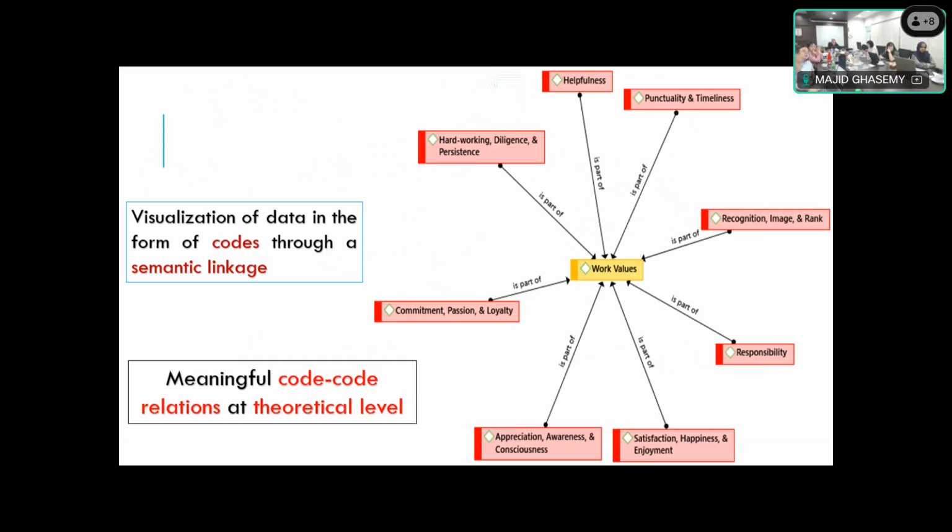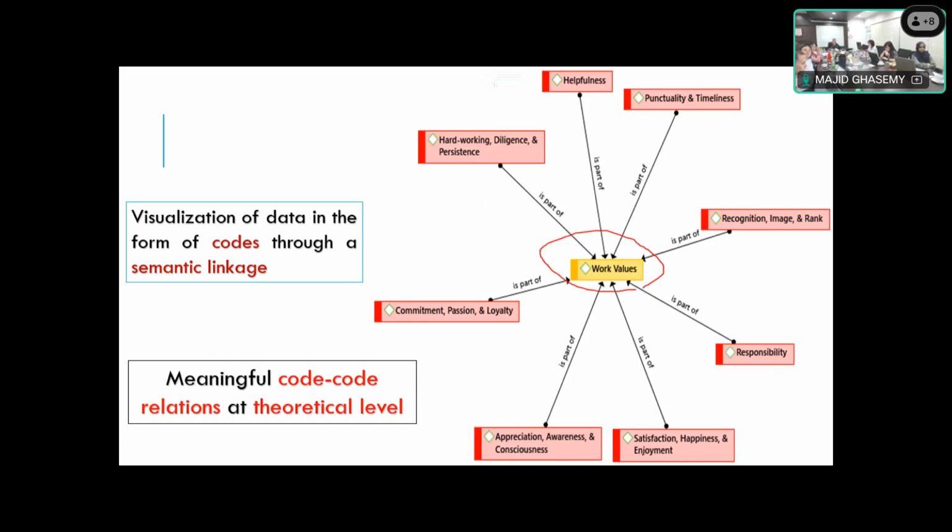Next, we have a network that just shows how a few codes in red color are a part of a central code, right? Just imagine you just tell your supervisor that, oh, I'm focusing on the codes and I can see that there are some codes that are a part of another code. And your supervisor will tell you, oh, how can you visualize it for me? I can't understand this.